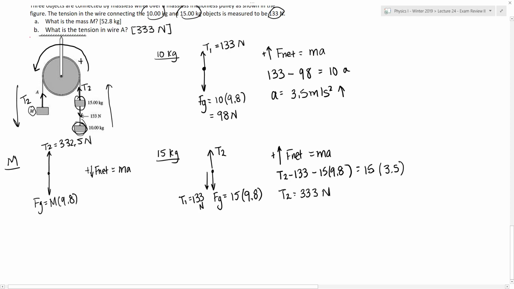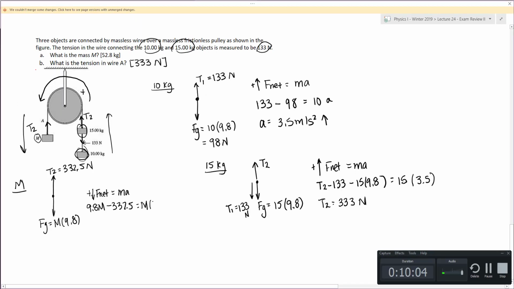So what is my F net? I have Fg, which is 9.8 M, that's the positive one, minus 332.5 is equal to the mass, M, times the acceleration, which is 3.5 meters per second squared. Now I'm going to bring all the M's to one side, so I have 9.8 M minus 3.5 M equals 332.5.